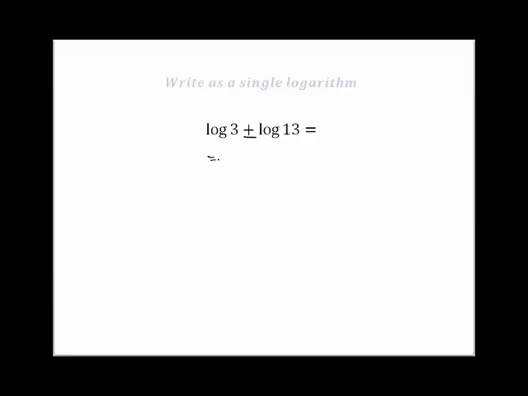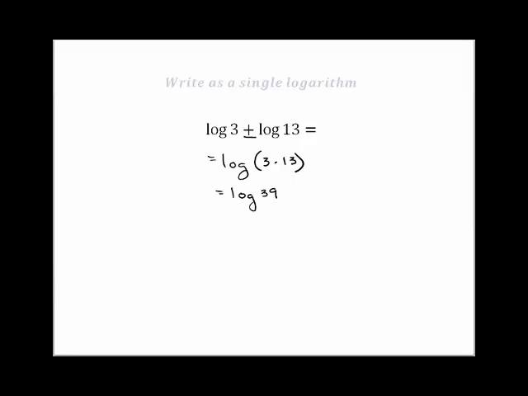So what does that equal? The log of 3 times 13. Remember, when we multiply the numbers inside the log, we added the logs. So that becomes the log of 39.